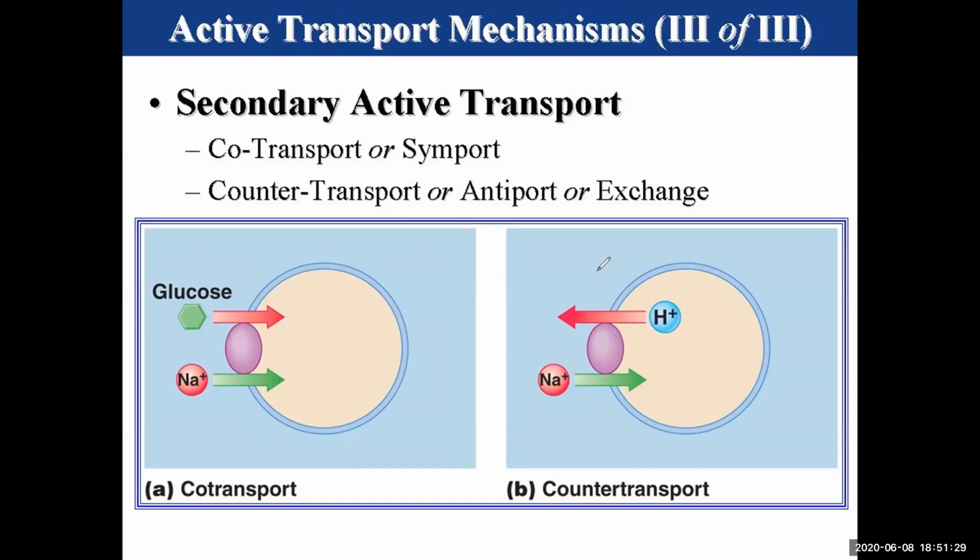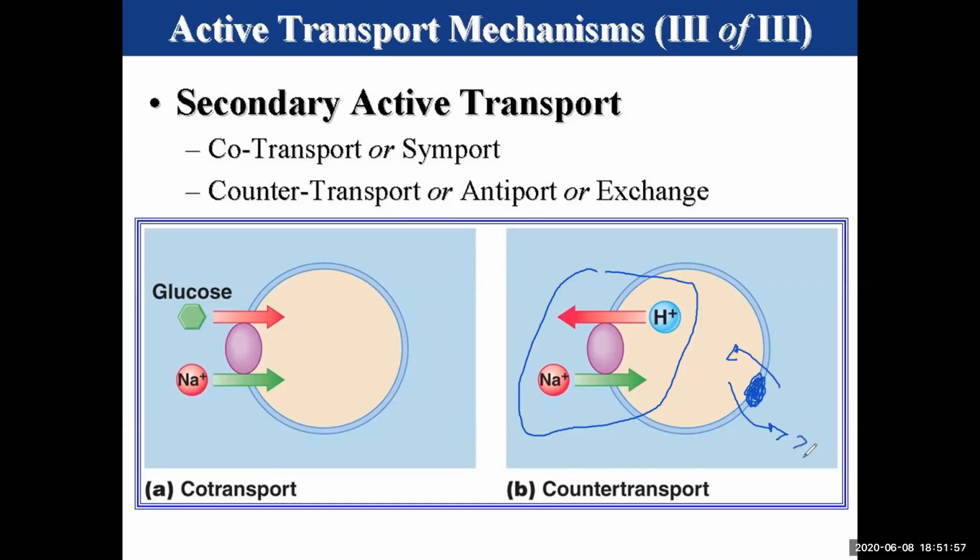And same thing here. This step is driven by the concentration gradient of sodium. And this concentration gradient of sodium was again set up by the sodium potassium ATPase over here, right? Same thing, sodium gets out, potassium gets in.